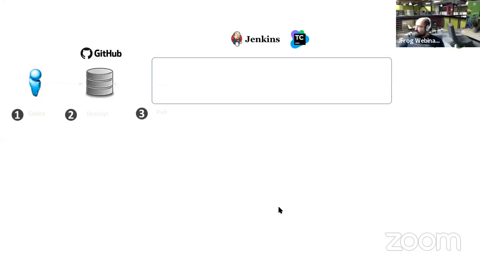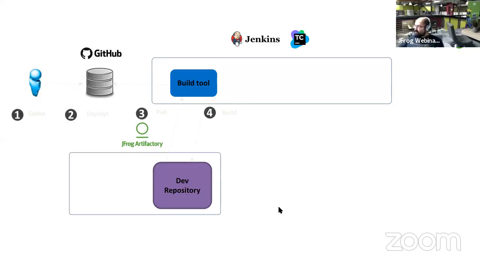So you're a developer, you write your code, and then you deploy your code to the source control. We saw this part already, and then Jenkins kicks in, pulls the code, and builds it. So far, that's exactly the diagram that we saw earlier. And after a build, it deploys the successful build with the bill of materials to developer repository.